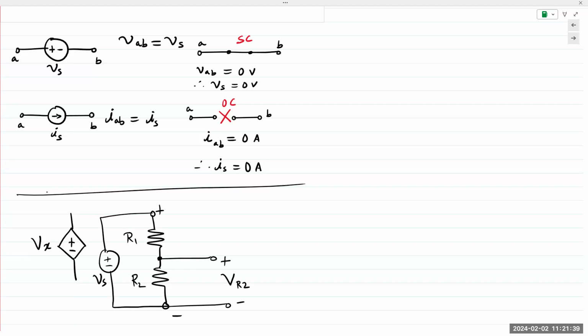VR2 depends on its value for Vs. Simply you can apply voltage division and we can say VR2 is Vs times R2 divided by Req. If Vs changes, VR2 changes. So VR2 depends on Vs for its value.